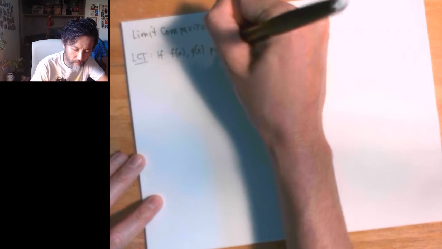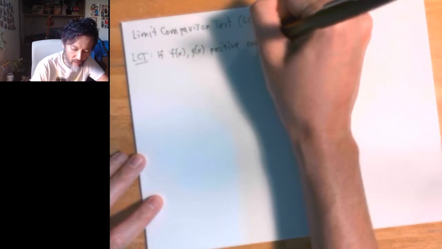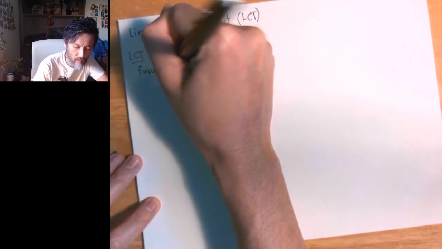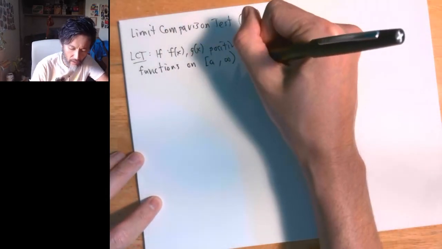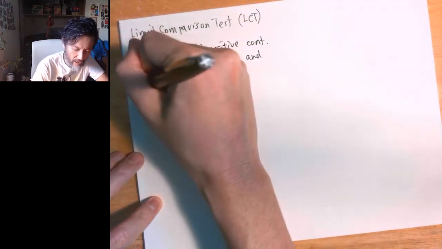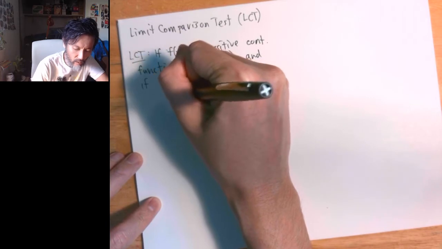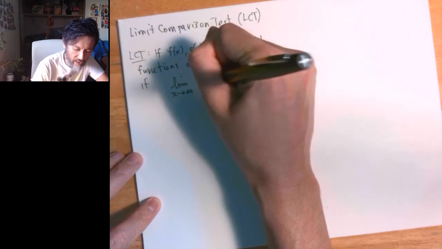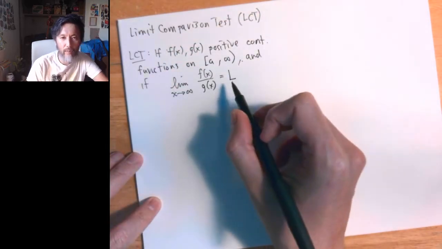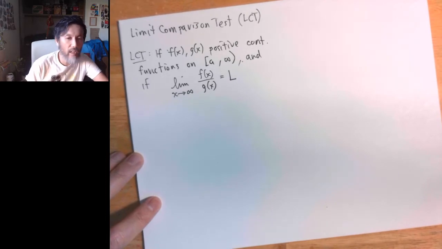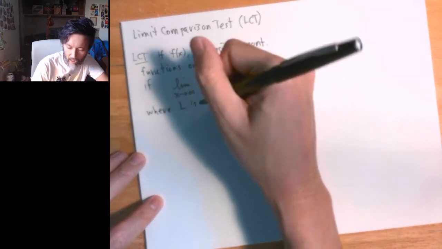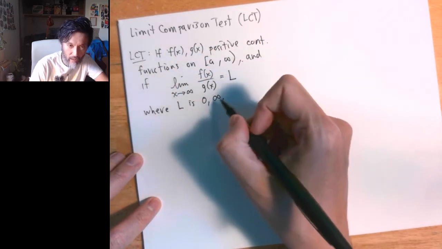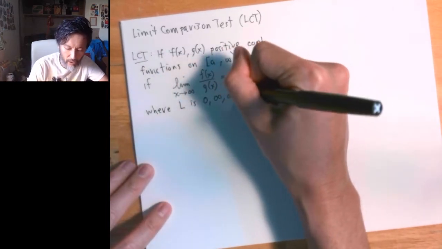If you have, again, f of x and g of x are positive continuous functions on the interval from a to infinity, and if the limit as x goes to infinity of the ratio of f of x and g of x is equal to some quantity L, where L is one of three things: it's let's say 0, it could also be infinity, we're going to allow that, and it could be a finite number as well.